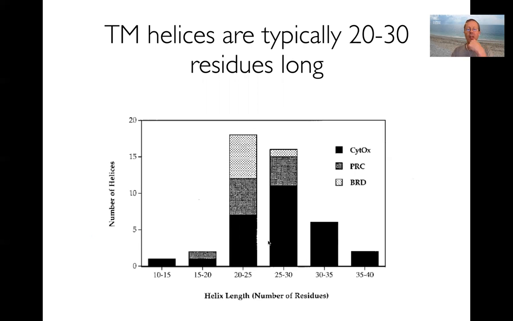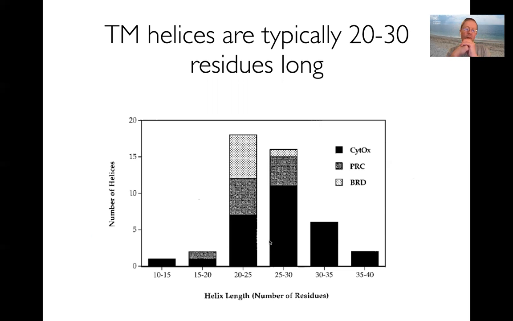That makes perfect sense, because the hydrophobic core of the membrane, corresponding to the hydrocarbon tails, is about 30 angstrom across. So to span a width of 30 angstroms, you need a helix of about the same length, and that's about 20 residues.